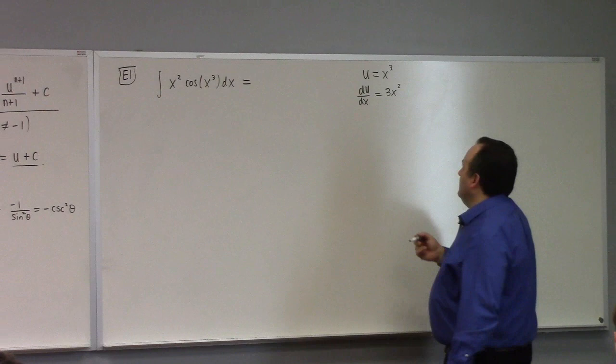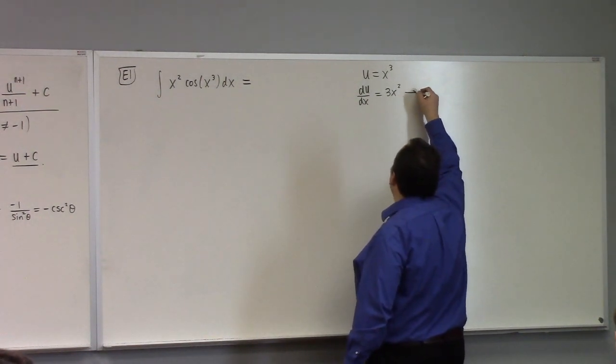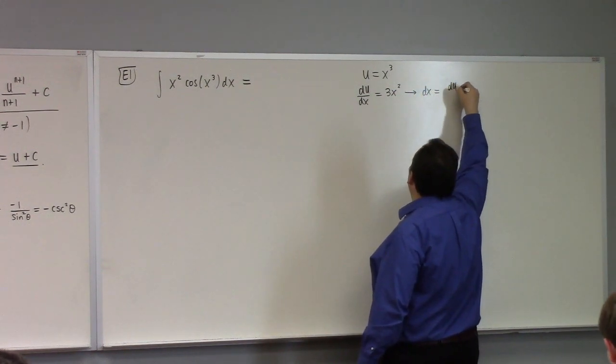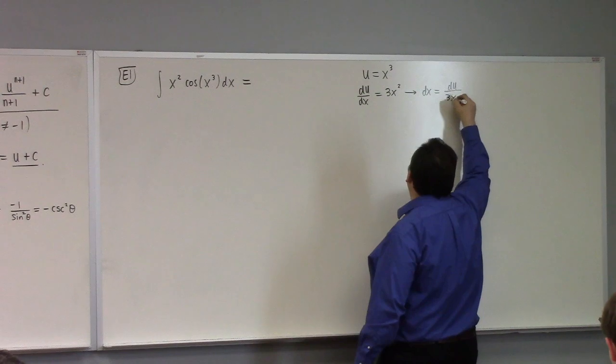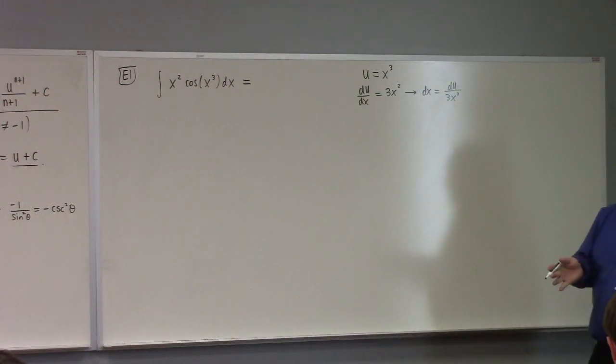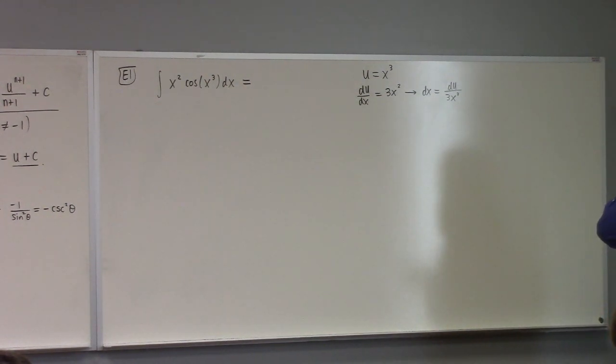Okay, so then what I can do is solve this. This tells me that dx is equal to du over 3x squared, right? Now you might not have known that you can do this, but you can. The justification for this ultimately is that it works.